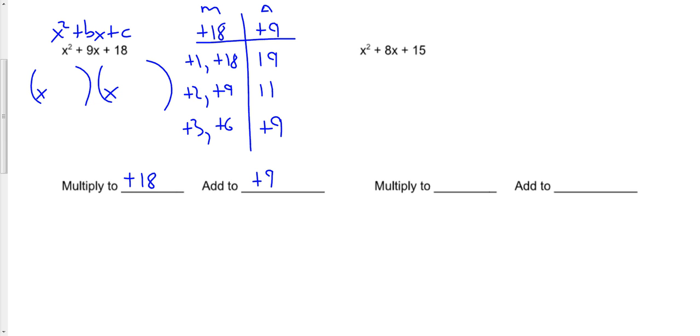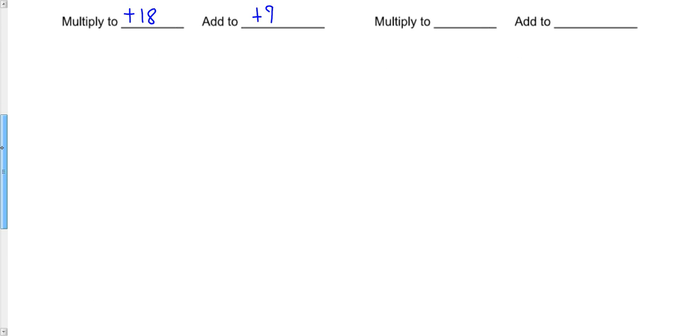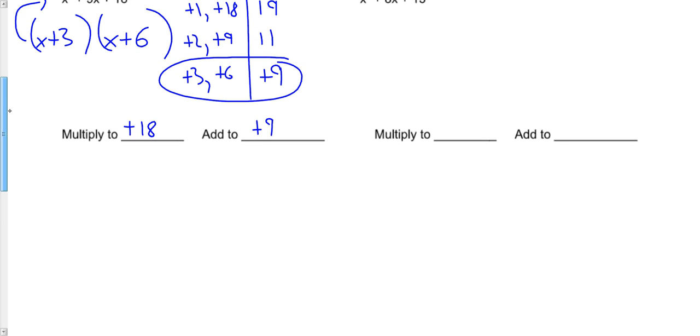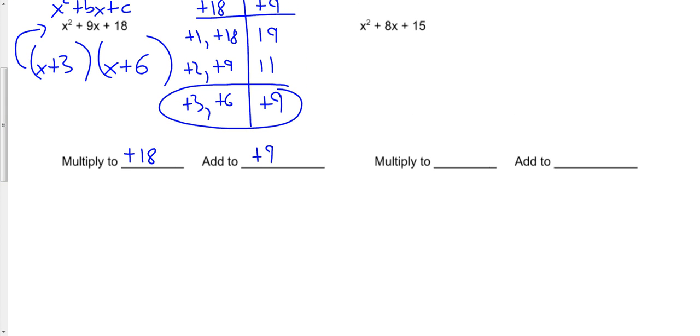In this instance, this positive 3 and positive 6, those two numbers meet my MA requirements. So I'm going to end up with x plus 3 times x plus 6, which should give me this outcome when I multiply it together. So I'm going to multiply those two pieces together to check.